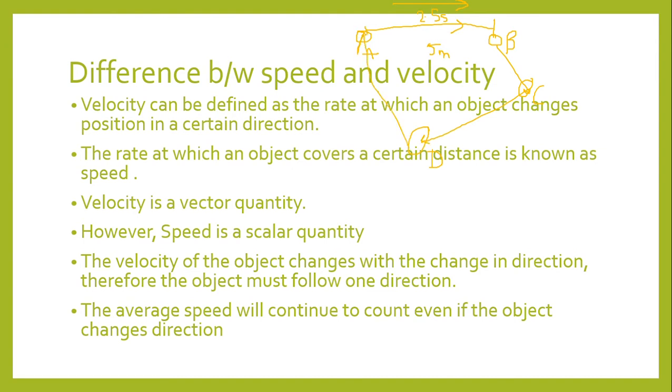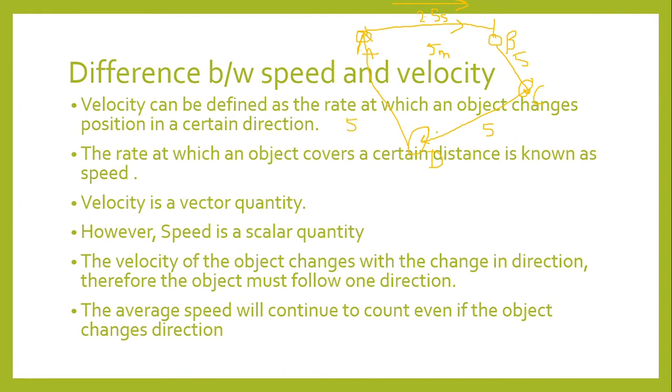If this is the case and we're asked to find the speed of the object, then I'll just measure the distance from A to B and add the distance of B to C, which is also 5 meters, and from C to D, which is also 5 meters, and then from D to A, which is also 5 meters.